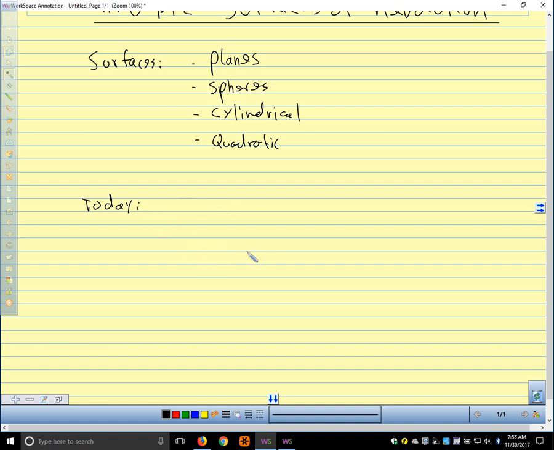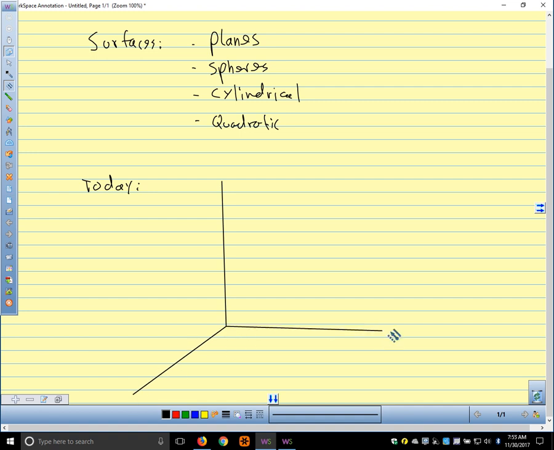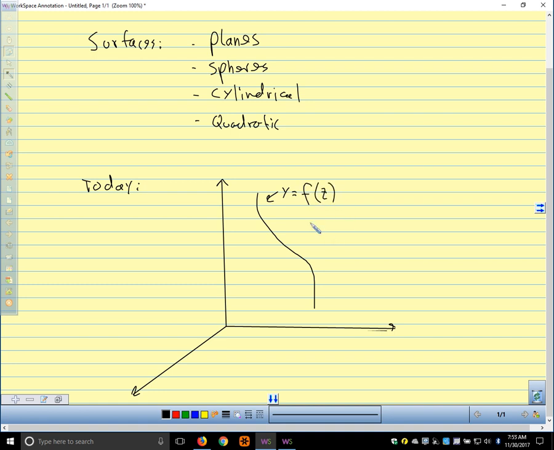I'm going to draw a set of coordinate axes, and we're going to talk about how we come up with our equations. So we have some curve, and I'm going to put the curve in the YZ plane. Something like this, just some curve. I'm going to say this is y equals some function f of z.